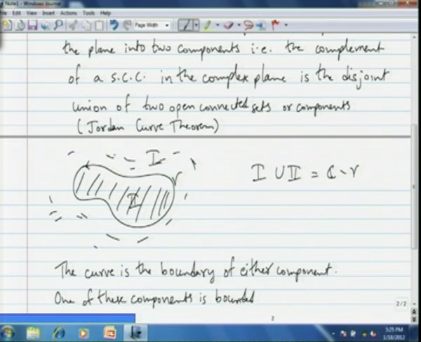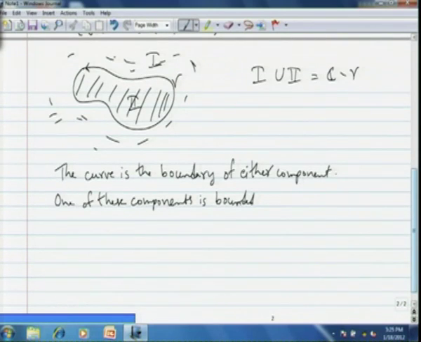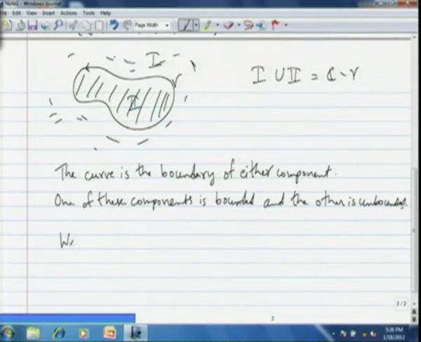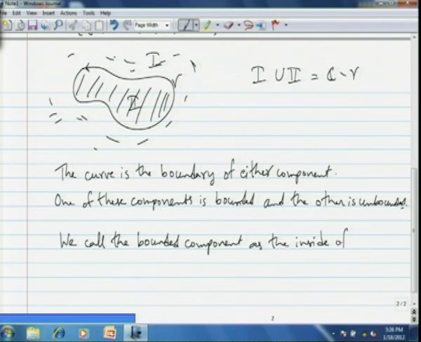Since the curve itself is bounded, one of the components, it is intuitively easy to believe, is bounded, and the other is unbounded. This much we will take on belief, and we call the bounded component the inside of the simple closed curve.